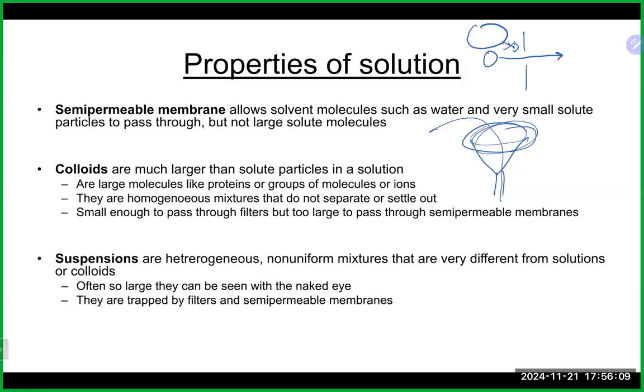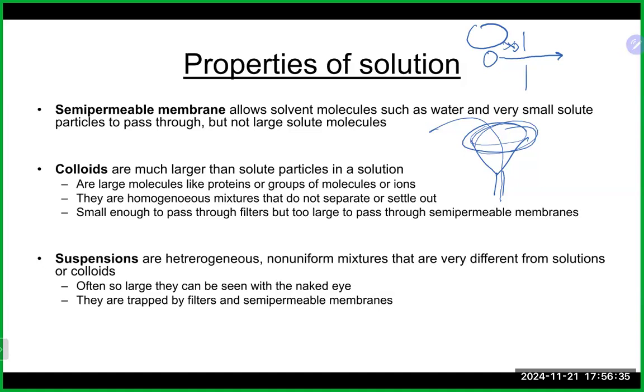Another type of classification is a suspension, and a suspension is a heterogeneous mixture. Heterogeneous means you do see different phases when you look at it. These are often large enough that you could see the different size particles with your naked eye. For example, if you took some sand and threw it in water, you definitely could see the sand in the water.